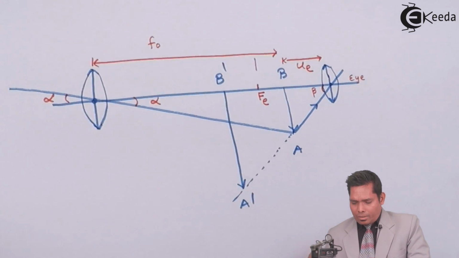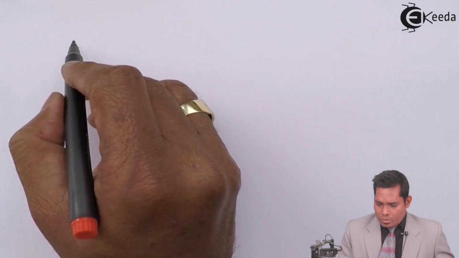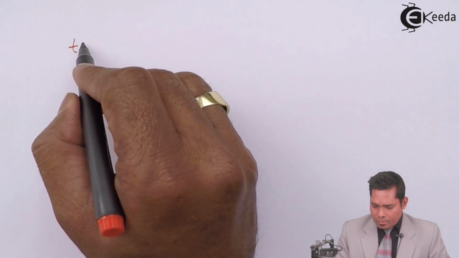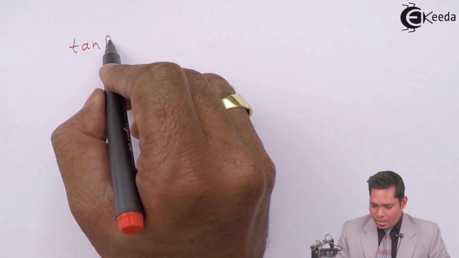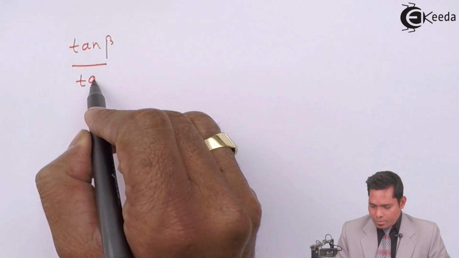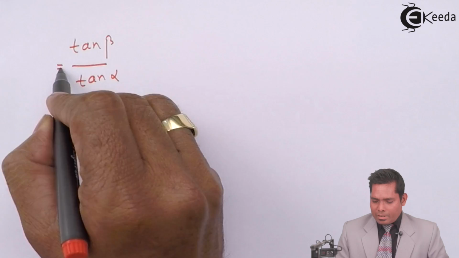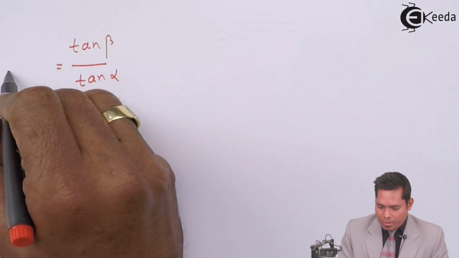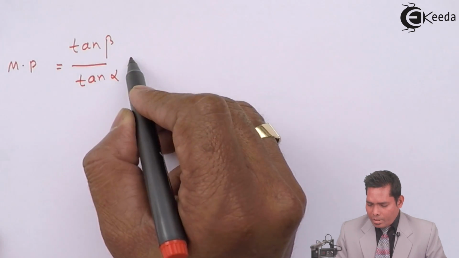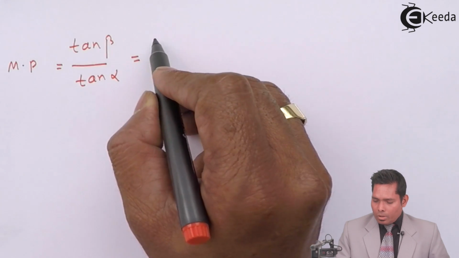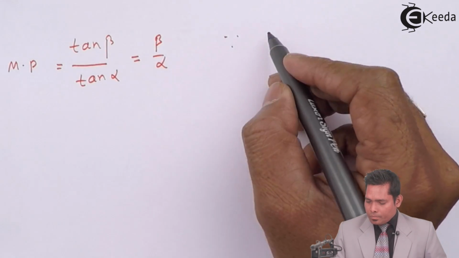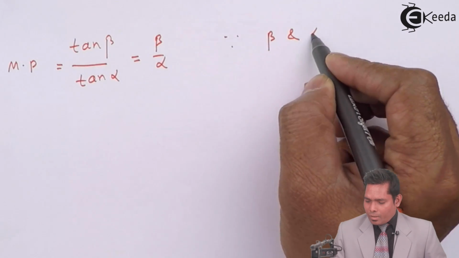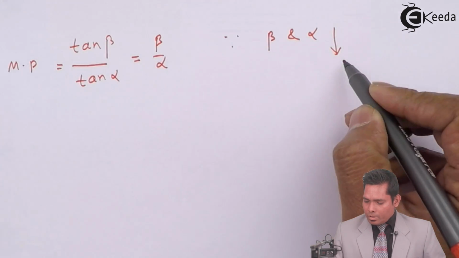So in that case, the tangent of beta divided by tangent of alpha, that is the magnifying power, and that is equal to beta by alpha, because beta and alpha are very, very small.